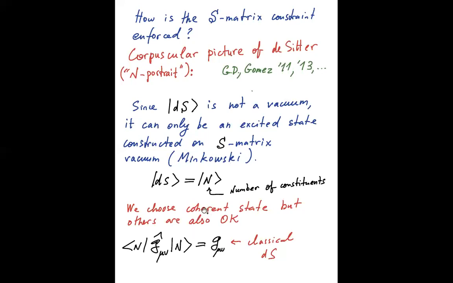Now, the state that you can choose to be maximally classical is a coherent state. So I will discuss coherent state, but there are other possibilities also. Whatever the choice of this state is, you choose it in such a way that the expectation values over this state, at some initial time, reproduce classical de Sitter, the classical de Sitter metric. All right. So this is the story.